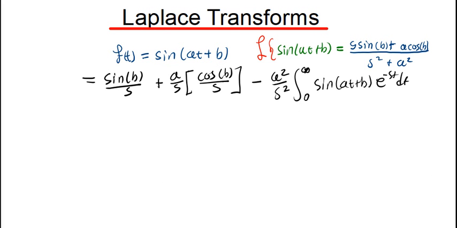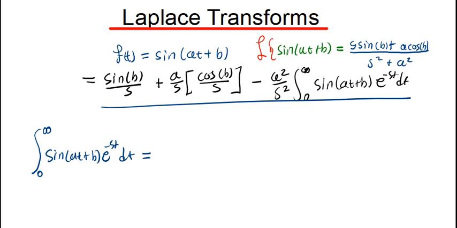So what I would do, to simplify my work, because the way this was written, you are looking for the improper integral from 0 to infinity of sine at plus b, e to the minus st dt, and we have found that this is equal to everything that I have here, including this one here.